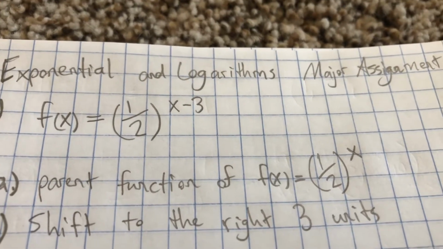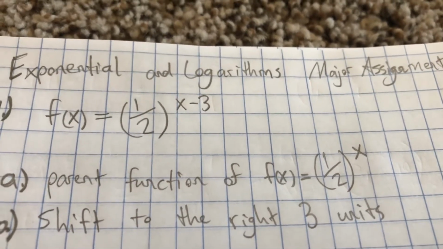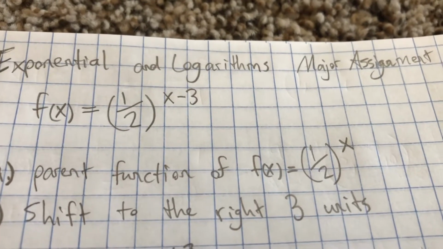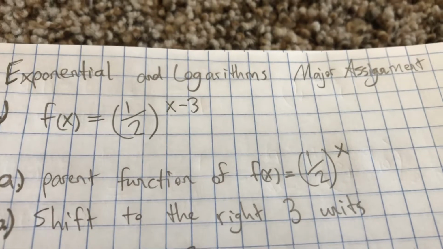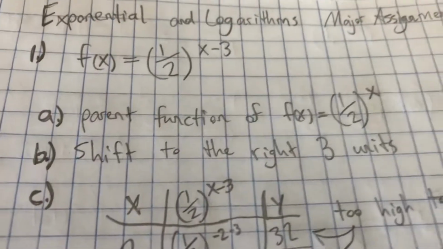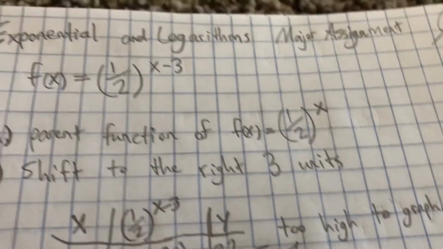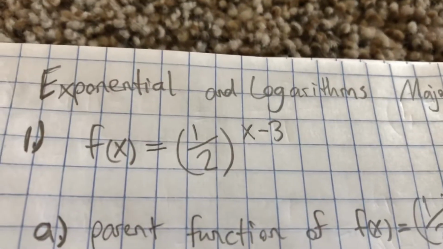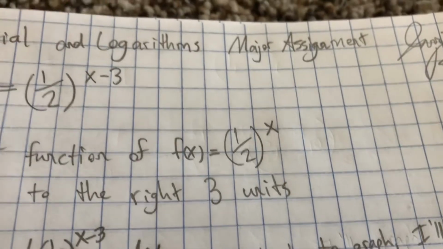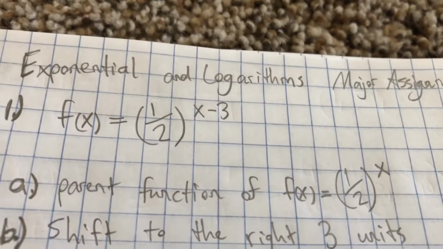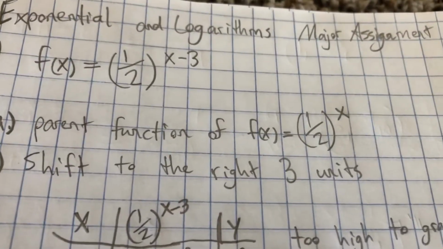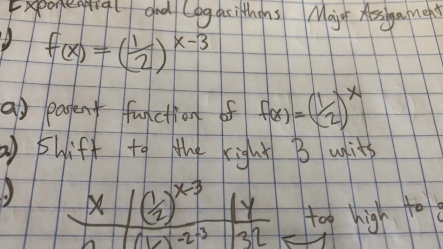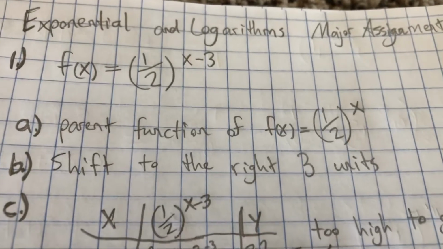Since it's -3, we know that we have to shift to the right 3 units. There's nothing else different between the function we were given and this function right here, and as a result, that's the only transformation we have: shifting to the right 3 units.